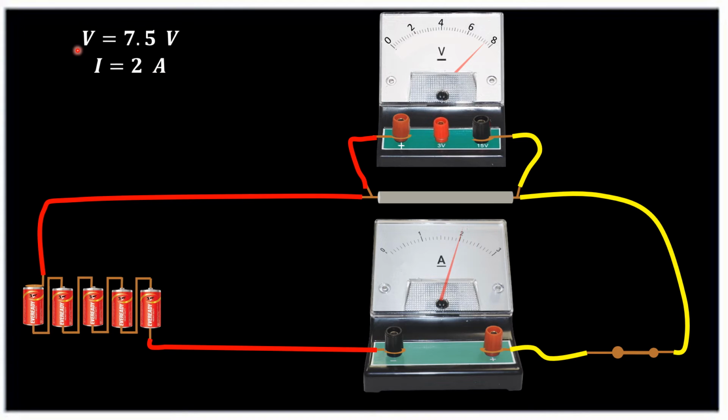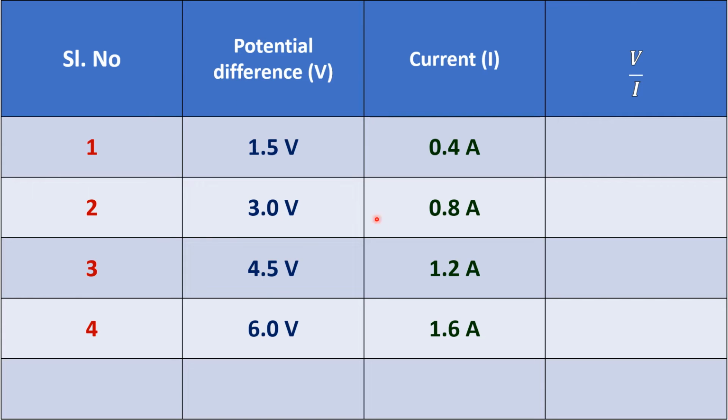So here V equal to 7.5 volts, I equal to 2 amperes. Let us note down these readings again in the table: 5, 7.5 volts, 2 amperes. So these are the observations I have taken from the above circuits.